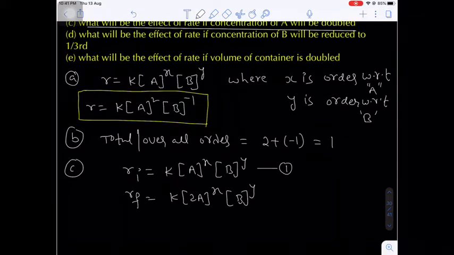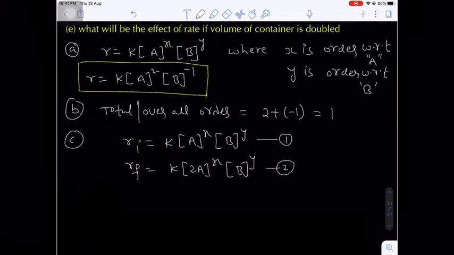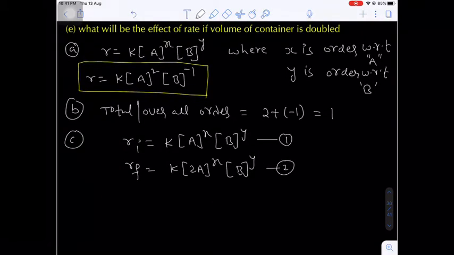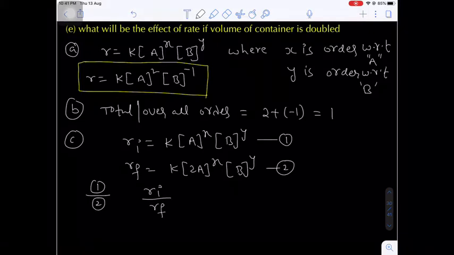Let's suppose this is equation 1 and this will be equation 2. Divide equation 1 by equation 2. So the initial rate over the final rate will be equal to, K gets cancelled, and B to the power y also gets cancelled. Then the x and y values we already know from the question, so directly we write the x value and y value. What is the value of x?